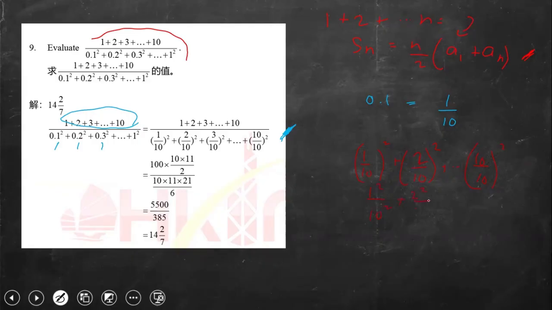Plus 2 over 10 squared plus dot dot dot 10 squared over 10 squared. Okay, so I'm going to factor out 1 over 10 squared. We're going to be left with 1 squared plus 2 squared plus dot dot dot plus 10 squared.